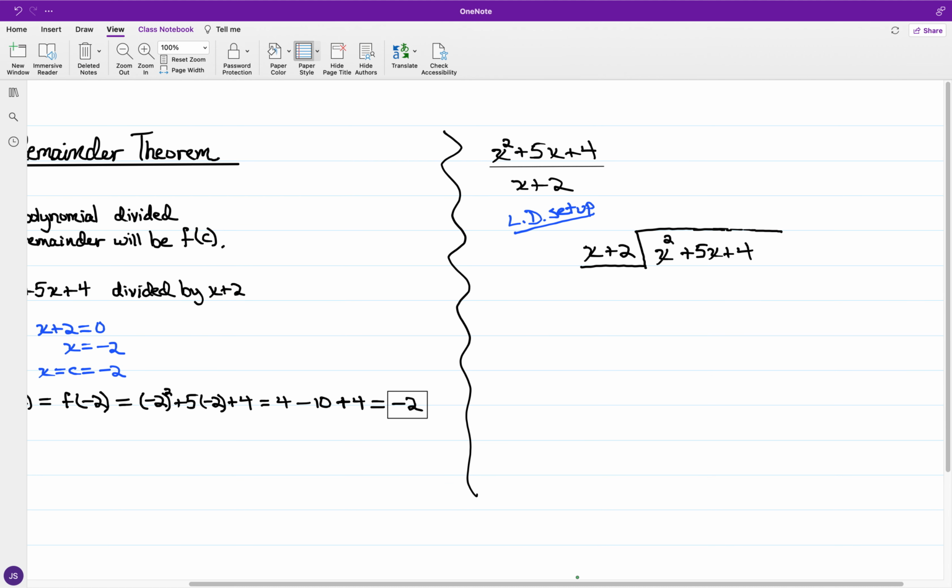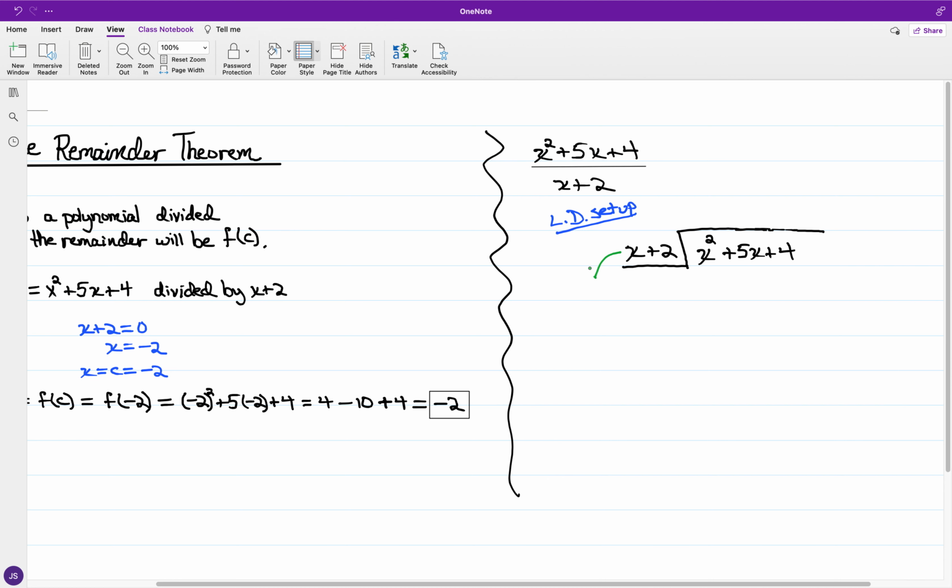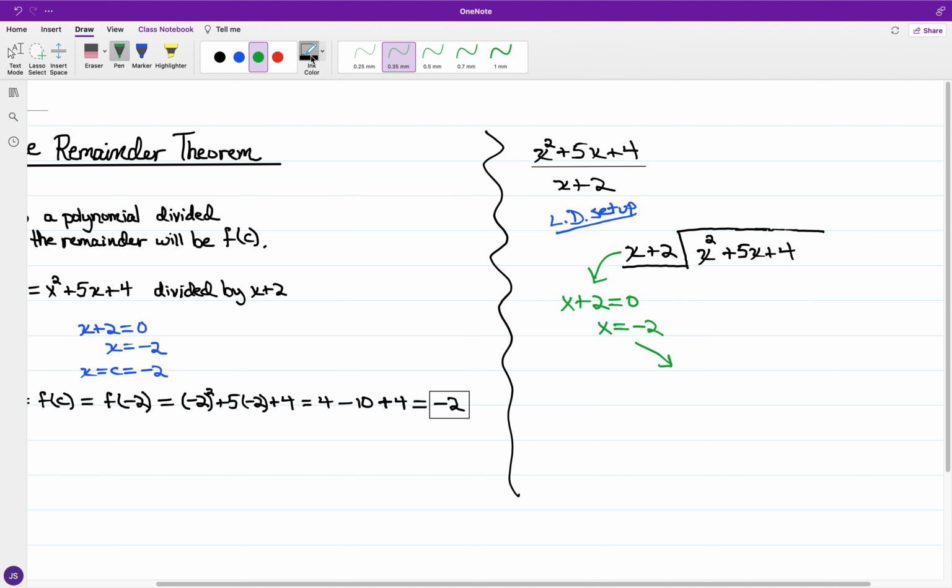Translating the setup, whereupon we can utilize synthetic division, we have x plus 2. Again, we have the 0 at negative 2. So we have, by synthetic division, negative 2.